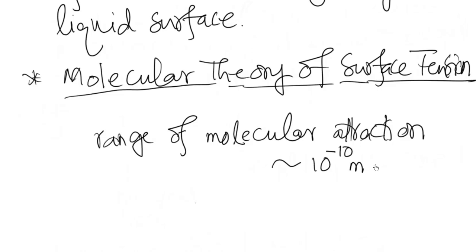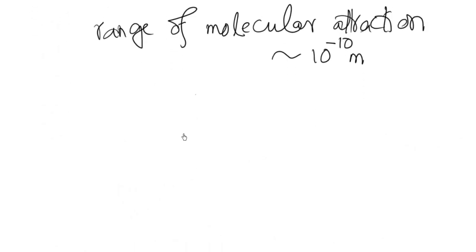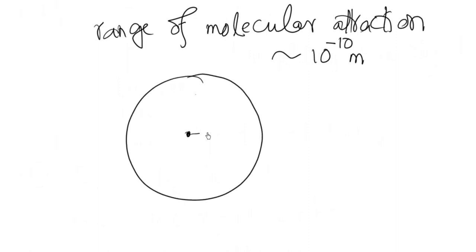If a sphere is drawn with a molecule as its center, so if we consider a molecule here and draw a sphere with radius R, then the molecules inside this sphere will influence, or this molecule will be attracted by all the molecules inside this sphere.